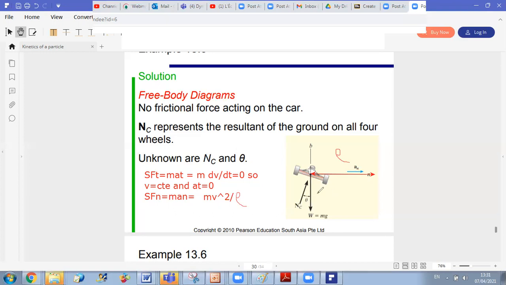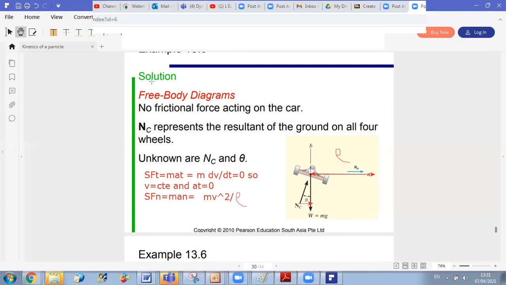The weight is perpendicular to UN, so no projection along UN. I will only have the component of the normal along UN. If you project the normal along UN, you have to do n sine theta.